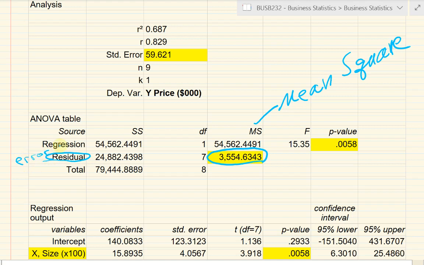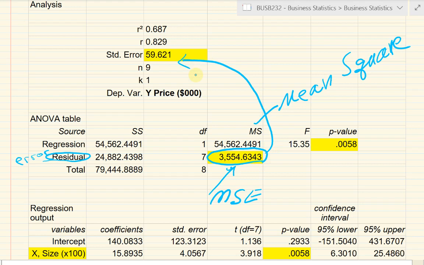So some people label this number and highlight MSE, mean squared error. With this mean squared error, something interesting happens. If you take the square root of this number, you get what's in here.